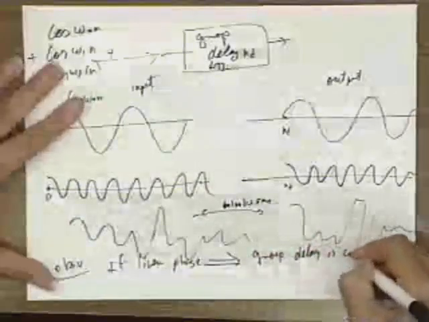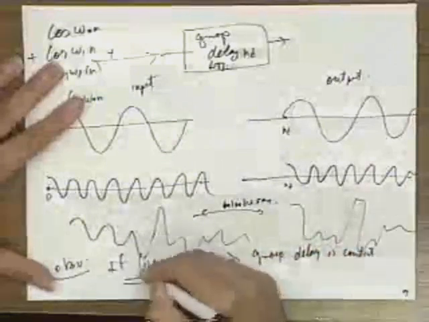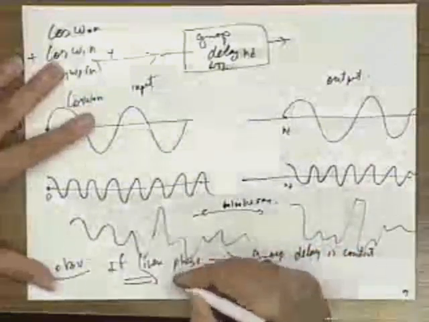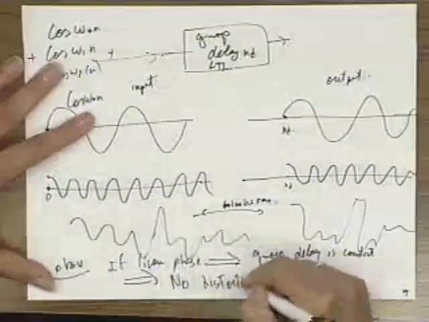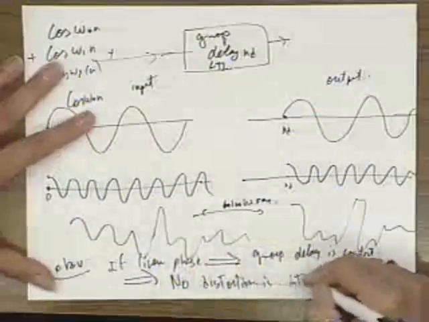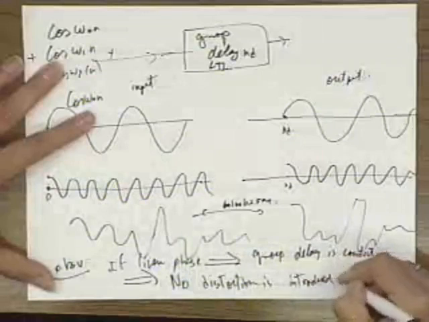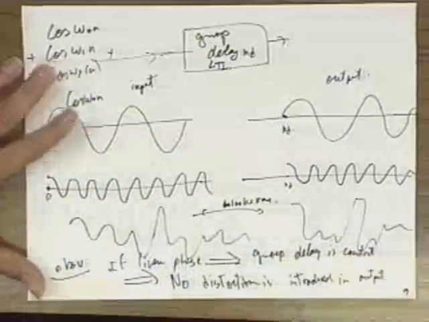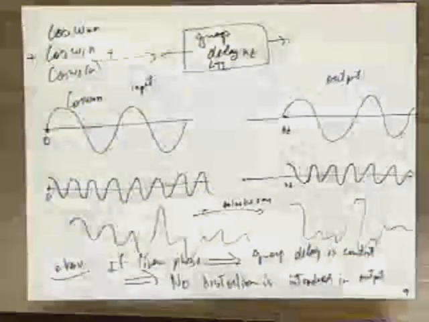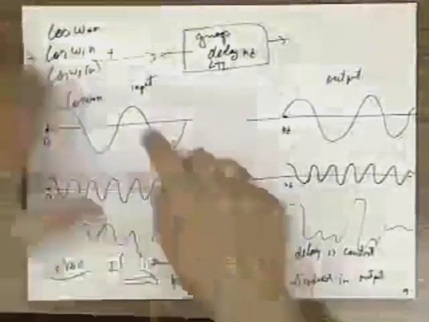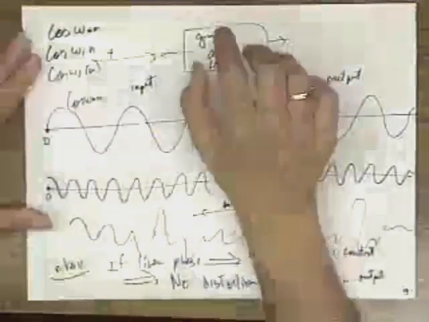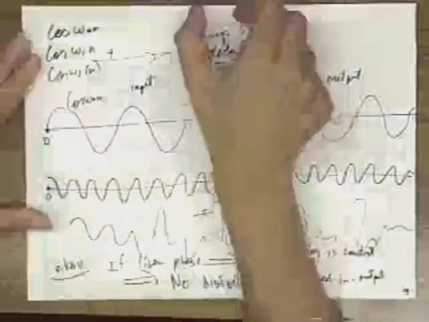So linear phase and constant group delay is the same thing, which is the same thing as group delay being constant. Then the conclusion is that no distortion is introduced in the output. That means the shape of the waveform comes out intact.